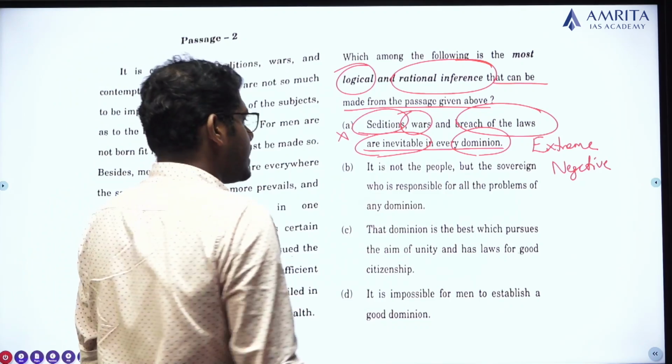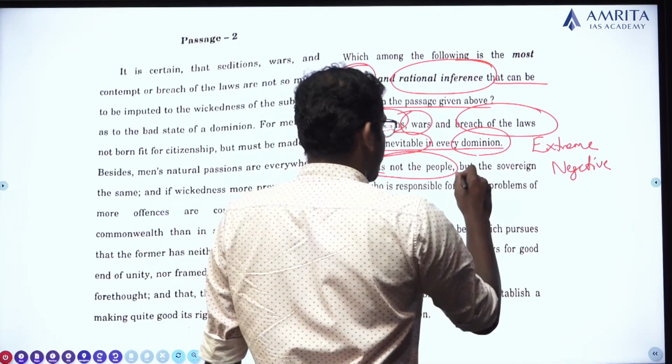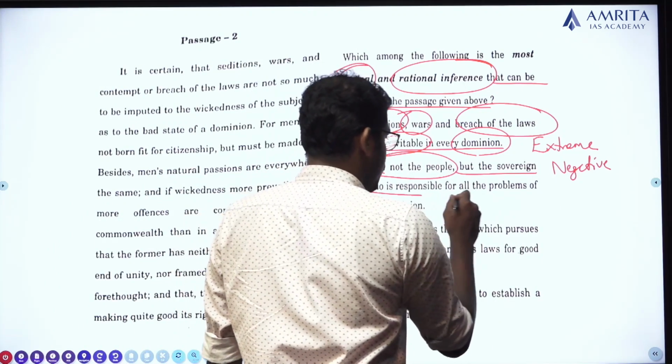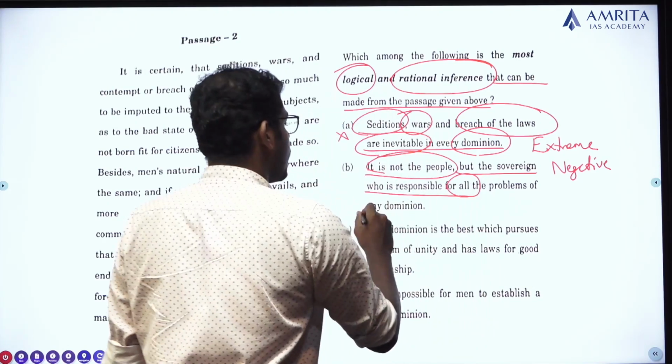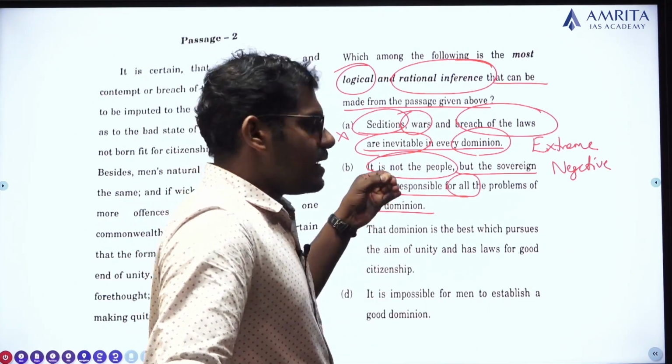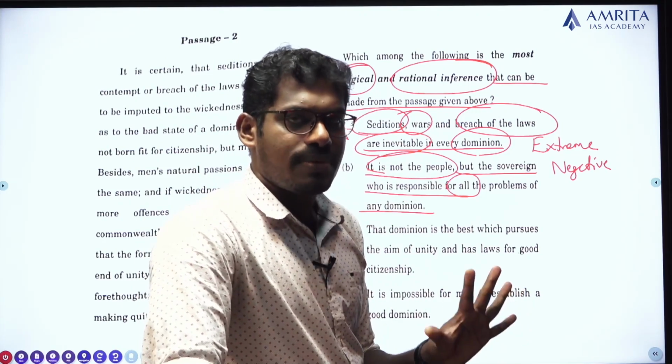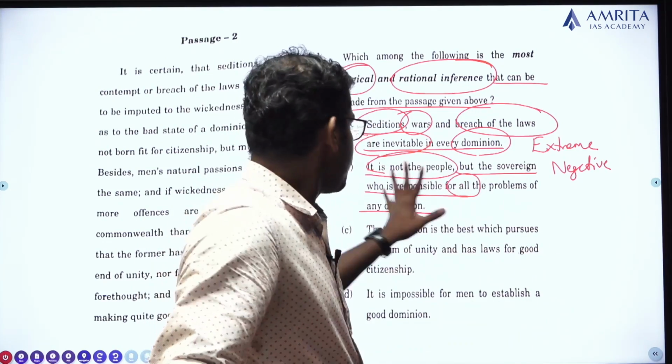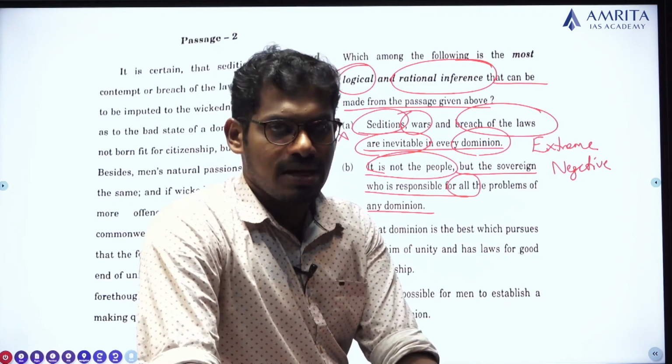Second one: it is not the people but the sovereign who is responsible for all the problems of any dominion. That is, it is not the people but the sovereign government that is responsible for all the problems in any dominion.